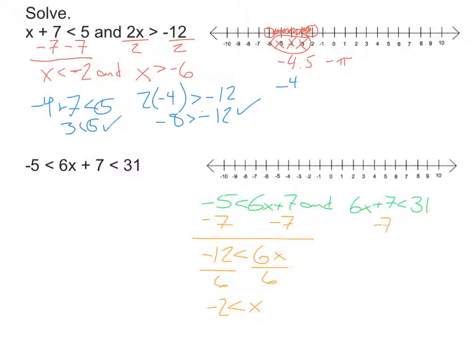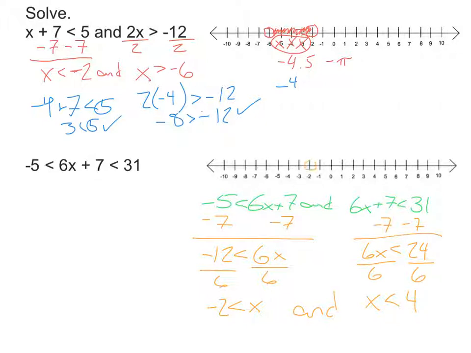On the right I'll do the same, subtract 7, and then divide by 6. So x is less than 4. So we want to make sure that this is true for both, that the x's are bigger than negative 2 and smaller than 4.